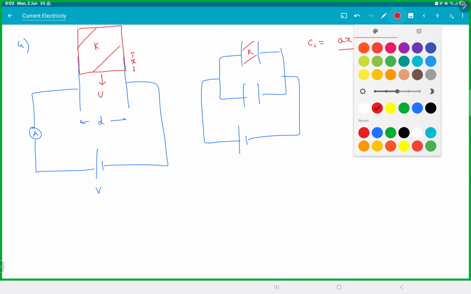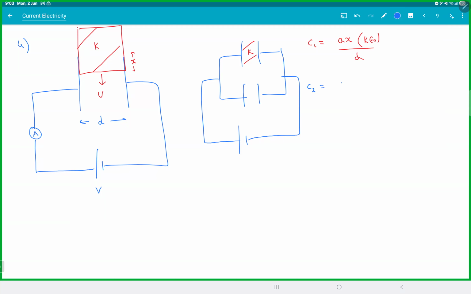This guy is still vacuum, C2, which will be A minus x into A, epsilon by d. So we get C equivalent will be A epsilon by d into A plus x into K minus 1. Charge Q is equal to C equivalent into V. So that would be A epsilon by d V, A plus x into K minus 1.